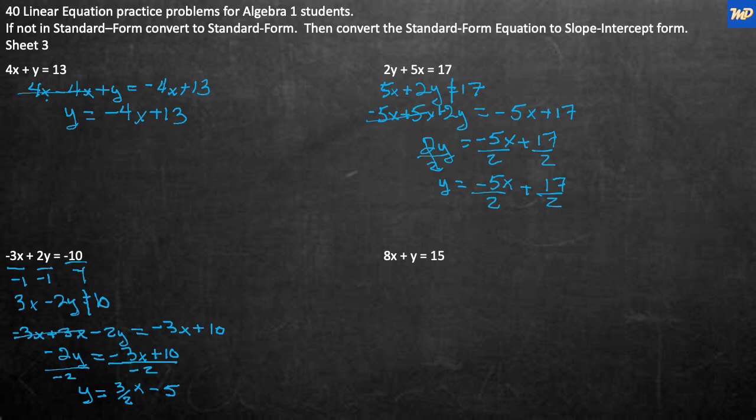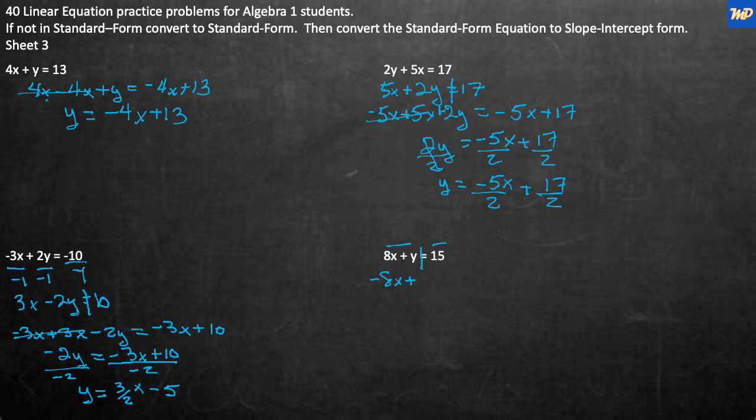This equation here, 8x plus y equals 15, is in the right format. We can now convert it straight to slope-intercept. So we're going to move the 8x. Here's our line. We're going to go through the middle here. Everything on this side is y. Everything on this side is x. So we're going to add a negative 8x.